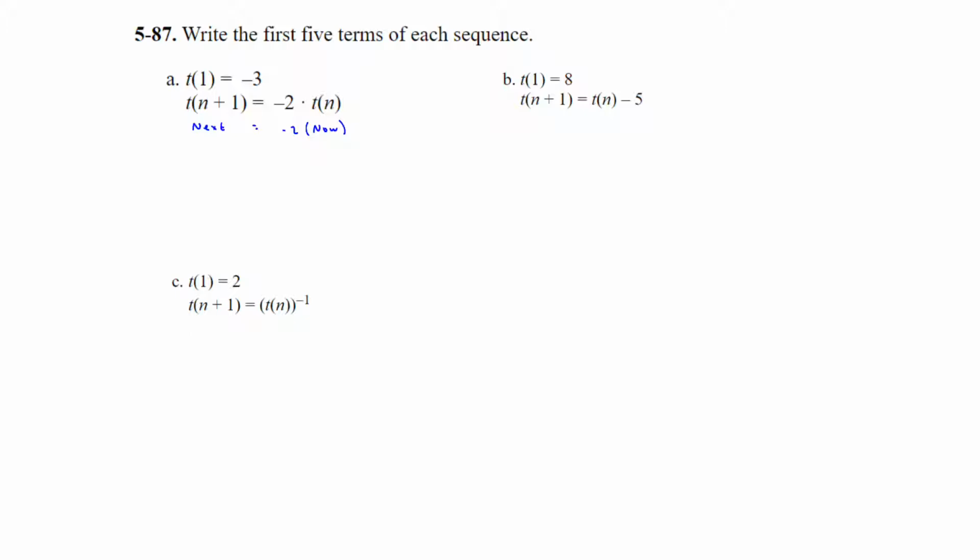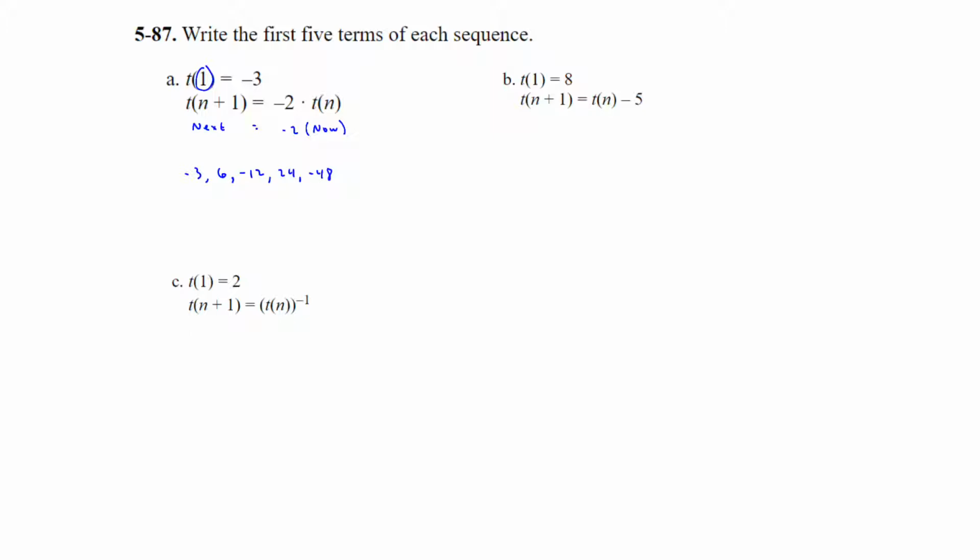So we know the first number in the sequence is -3 because it tells us that term 1 is equal to -3. So then we're going to take each of these terms and multiply by -2. So that would be +6, -12, multiplied by -2 again, and then one more time to get -48. So those are the first 5 terms of the sequence.